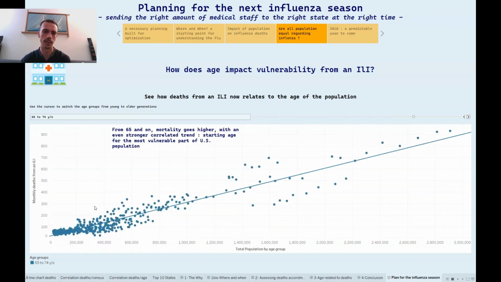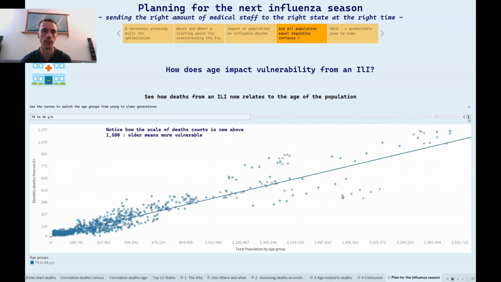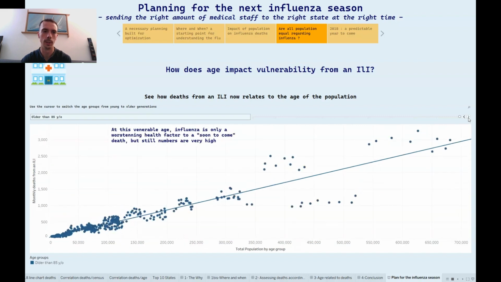And by the time we reach 65, there is a clear trend. It tells us that the more older people there are, the more deaths there are. So older people are actually a great concern in order to focus on where to send the medical staff. And it is true from 75 and on up until over 85.